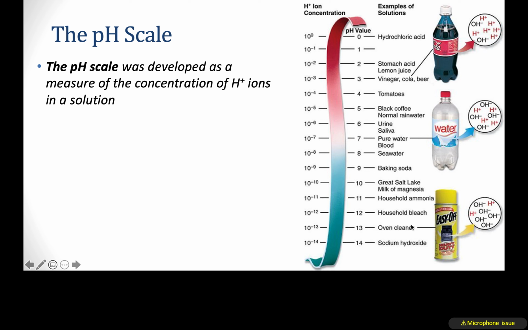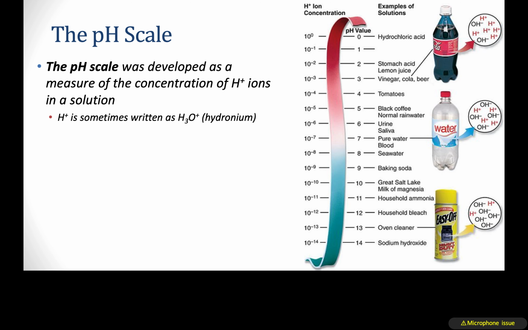Something like oven cleaner is a very basic solution, and it has very few H plus ions compared to OH minus. And then water is a perfect balance. It has equal parts H plus and OH minus, as you can see depicted in these pictures here. So the pH scale is measuring the concentration of H plus ions.